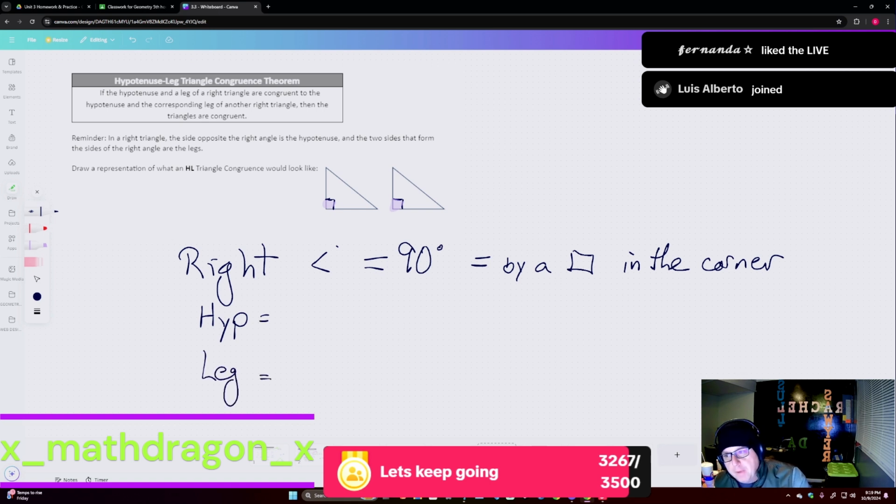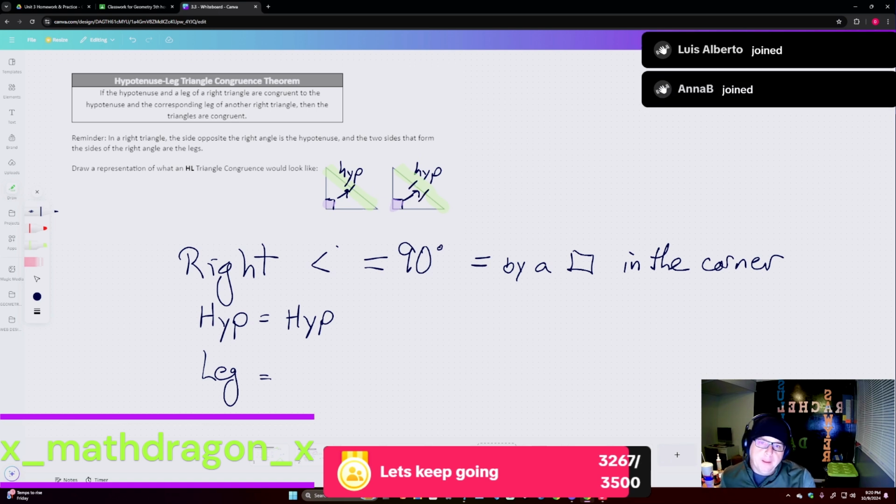So what I must know is that my hypotenuse, which is the side across from the 90-degree angle, that is my hypotenuse, needs to equal the hypotenuse. So these two have to be the same measure. Okay?